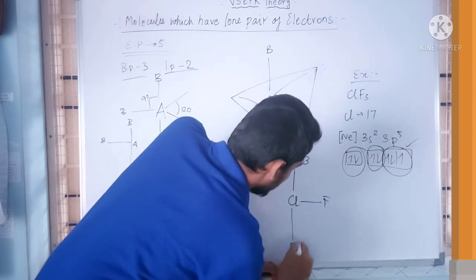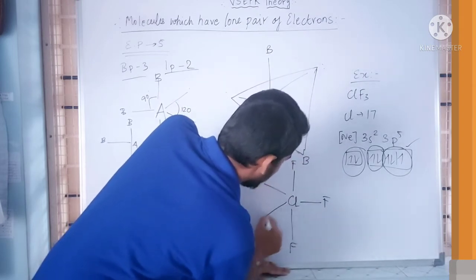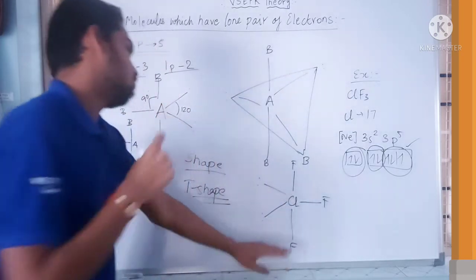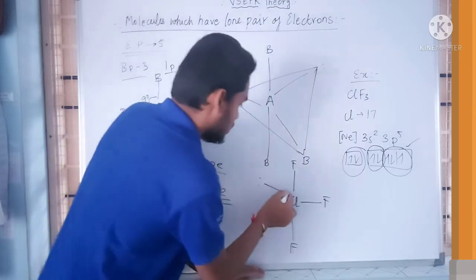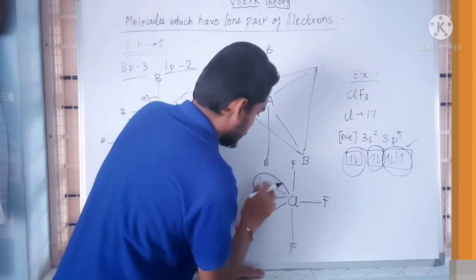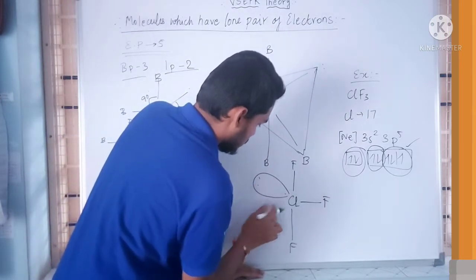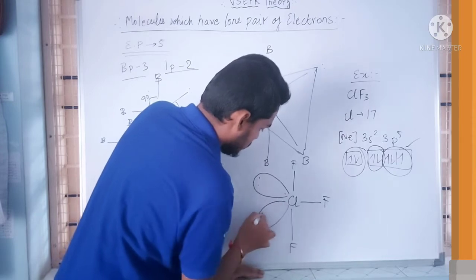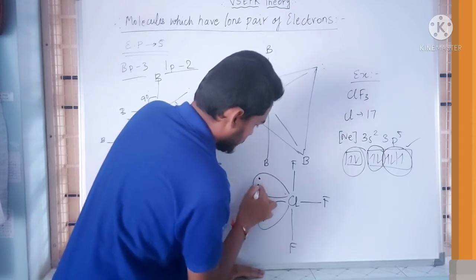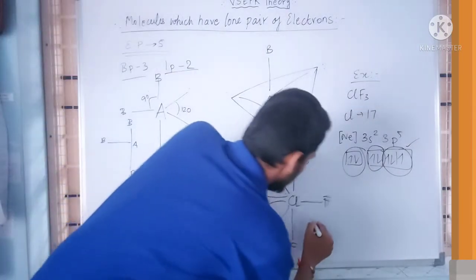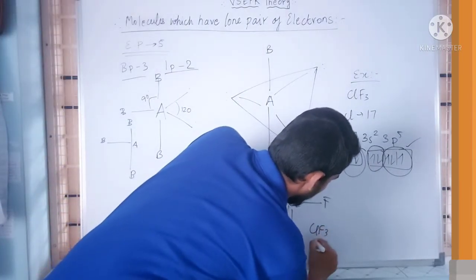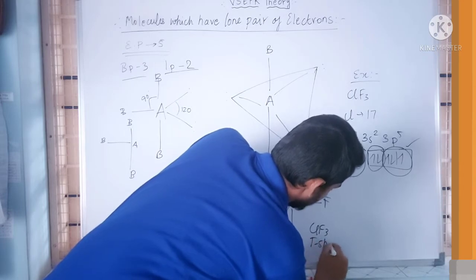These are the axial, and I have 2 lone pairs, so they will be coming here. This is how you can draw the chlorine structure. You can draw it in this way also. So these are the lone pairs of electrons, so it can be drawn in this way. This is the structure of ClF3, and it is T shape.